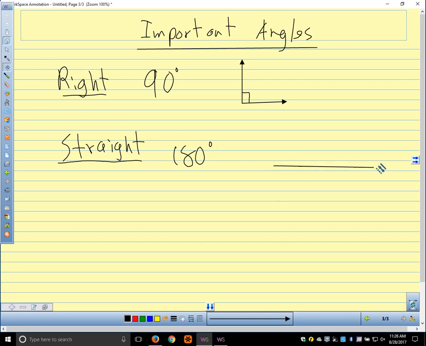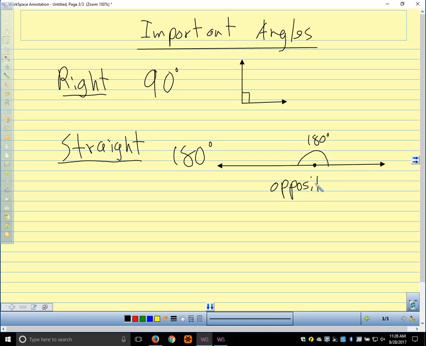And a straight angle really just looks like a line. So there would be my angle, this would be the vertex, and I could say that's 180 degrees. The other way that you hear straight angle referred to is opposite rays. Opposite rays make a straight angle.